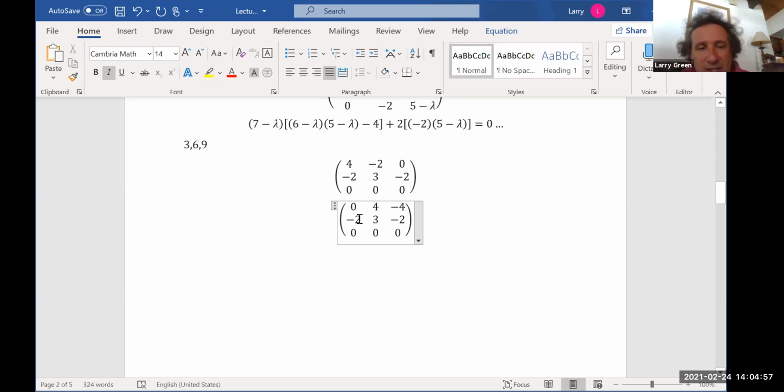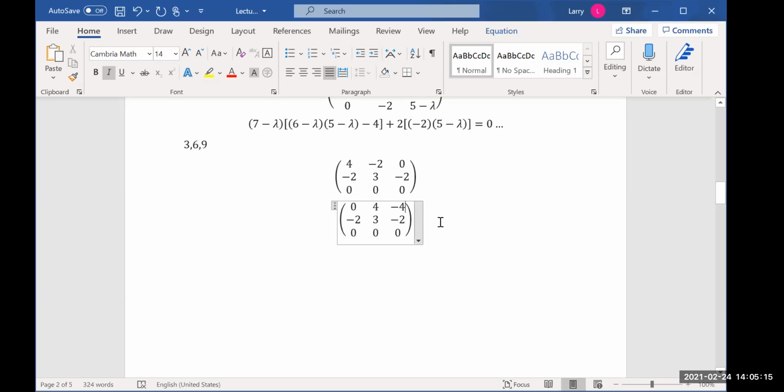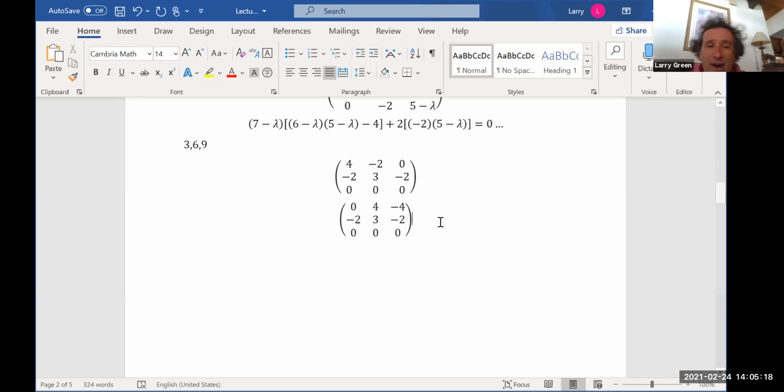Okay, so the good news is I've done just about what I need for now. Because what's the free variable, just by looking at this? Z is a free variable. So for now, I'm going to let Z equal 1. Well, if Z is 1, what is Y?